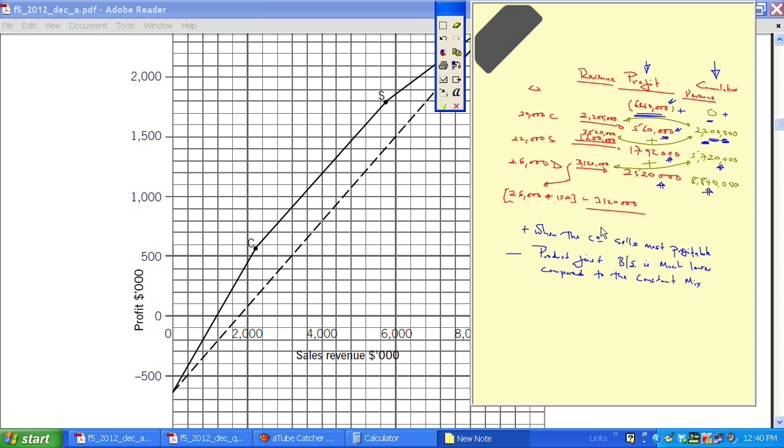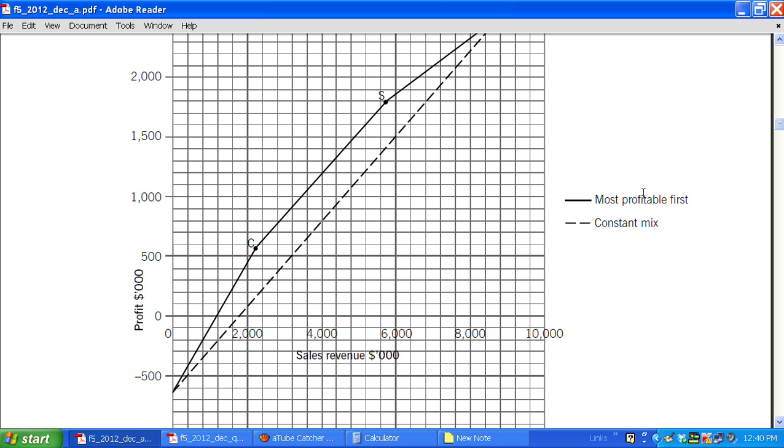Now this is an observation, but you don't just leave the statement hanging. You have to try and explain why the break-even is much lower, and that's very simple.